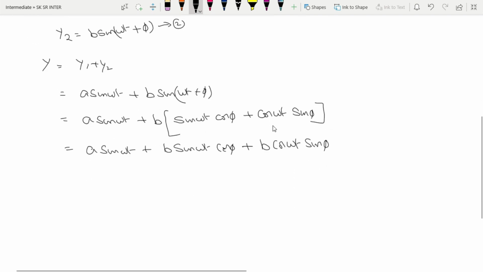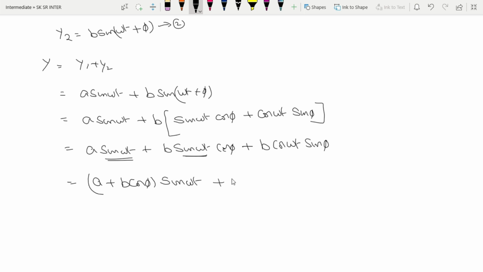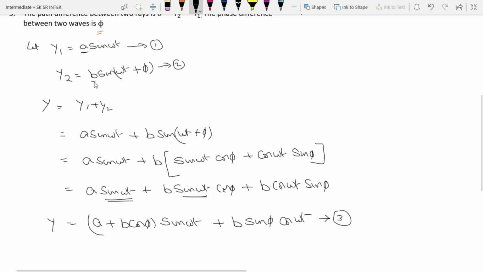So I distributed b here. Now take the common factor of sin omega t: (a + b cos phi) sin omega t + b sin phi cos omega t. This is the resultant displacement of the two waves, equation number 3. Here a and b represent the amplitudes of the individual waves.